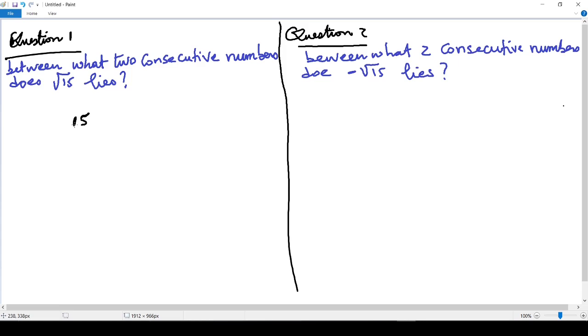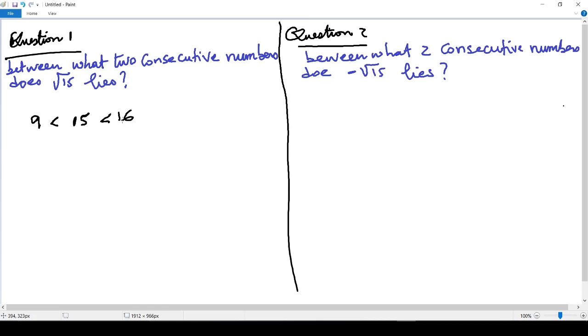Based on one of our previous videos, we learned how to solve this type of question for positive square roots. So the first question is, what is the perfect square right before 15? It is 9. What is the perfect square right after 15? And the answer is 16.